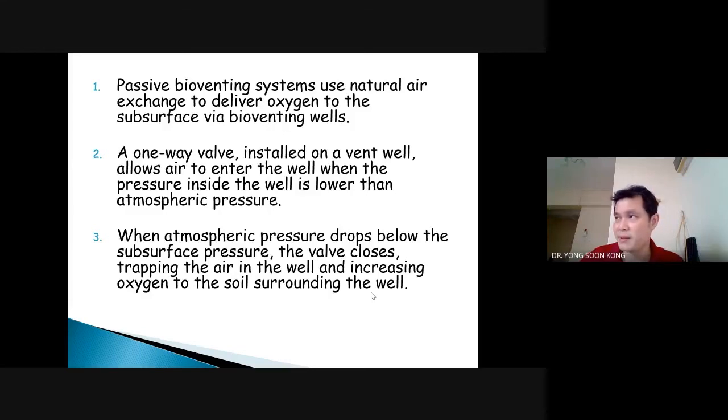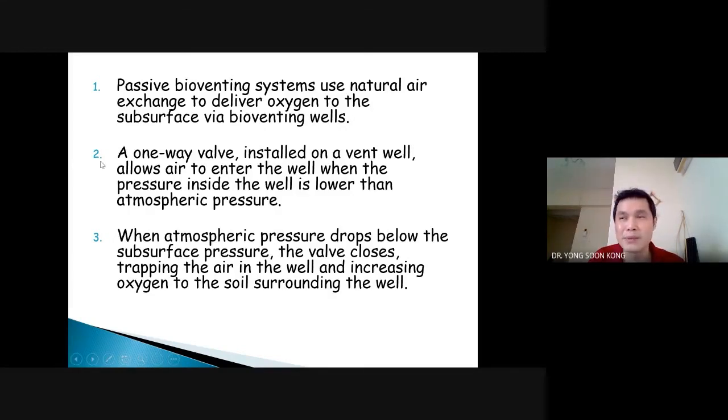Now, when this bioventing is conducted, there will be 2 wells. One that you pump inside, the other one that is going to release the pressure if there is any. So number 1 is the first well, number 2 is the second well. Number 1, of course, you have a pump that pumps air inside. Number 2, nothing. You just leave it as it is and the air will come out.